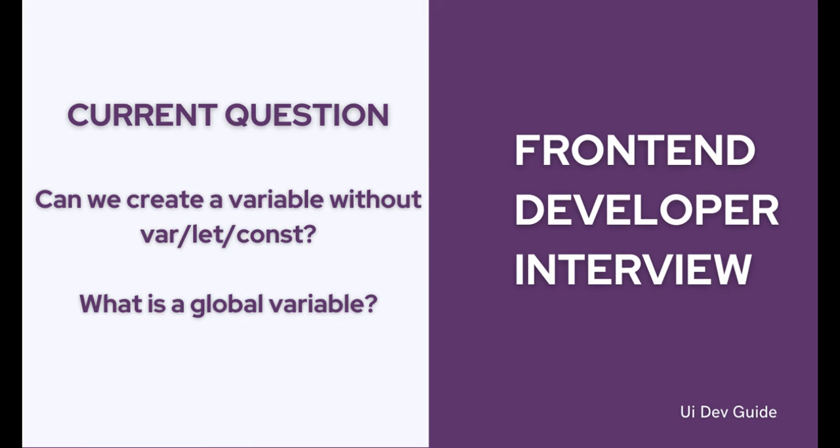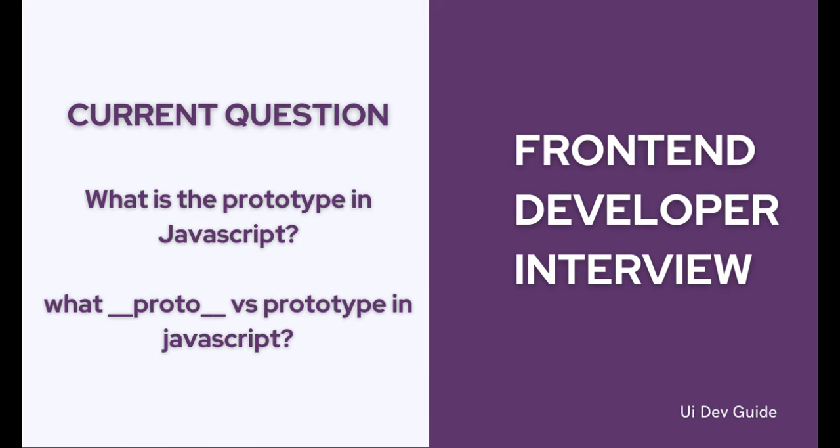So what is prototype in JavaScript? If you are creating an object and you have some data in the object, and if you print the object, it would have a prototype block in the console, and if you open it, it would have the constructor and everything in there.